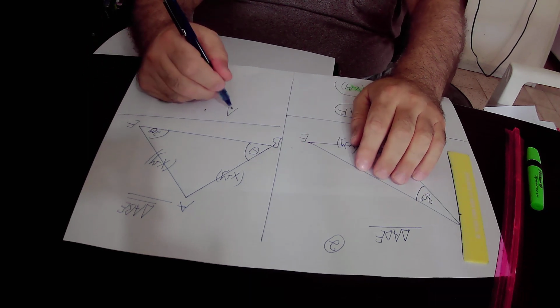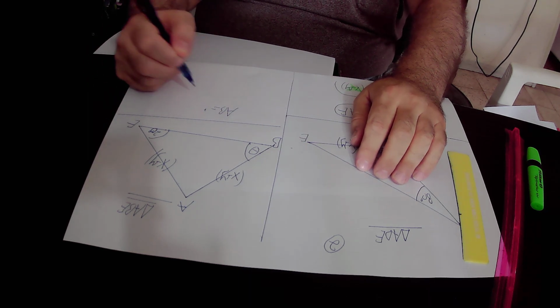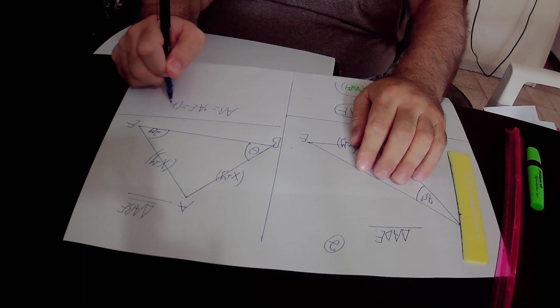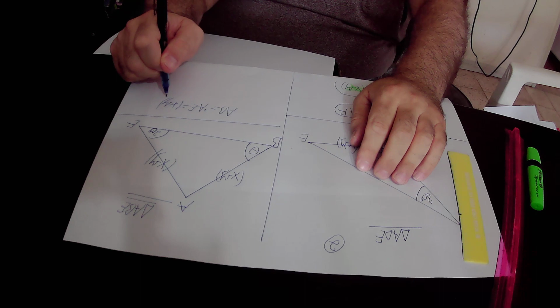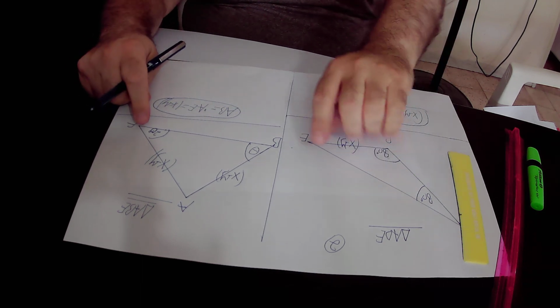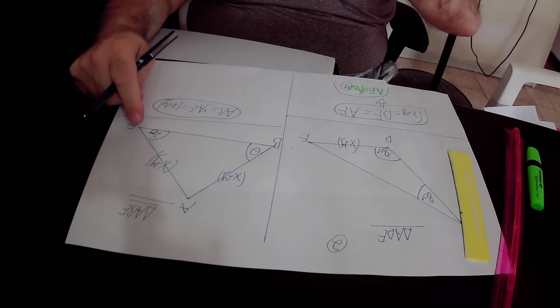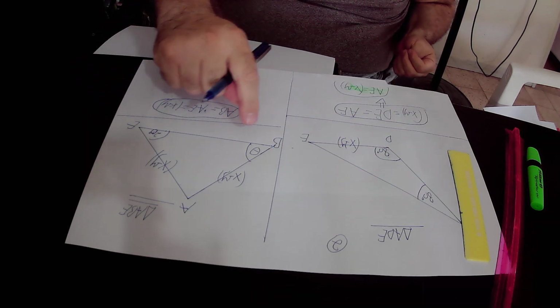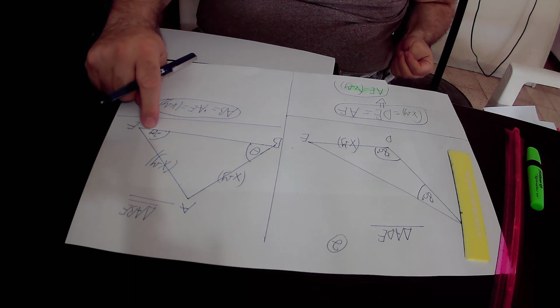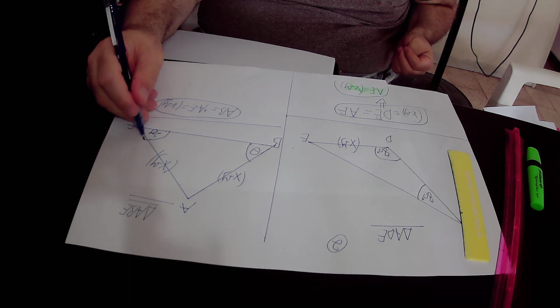So side AB equals side AE, both equal to X plus Y. According to the rule that in front of equal sides in a triangle there are equal angles, in front of side AB we have this angle that is equal to 20 degrees.